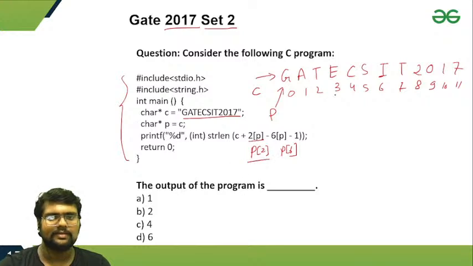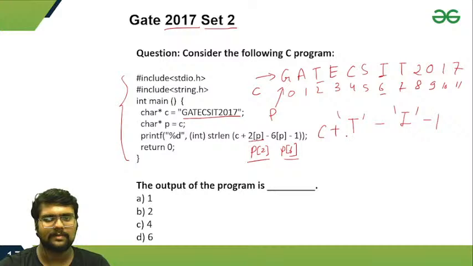P of 2 is T, and P of 6 is I. When we subtract these two values and also subtract 1, it will be some integer value, and we are adding it to C.